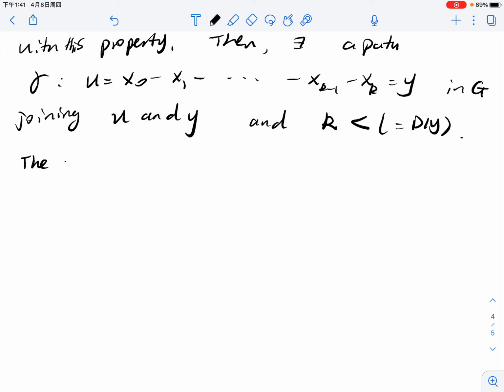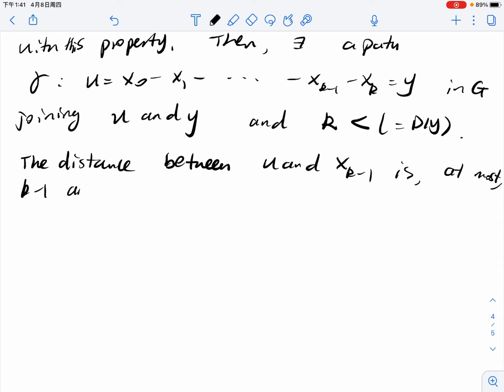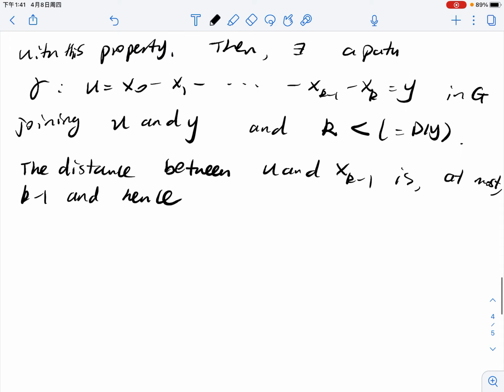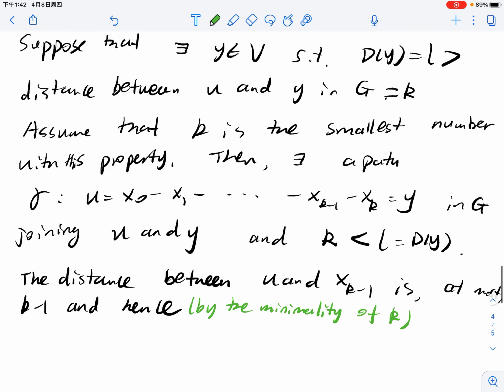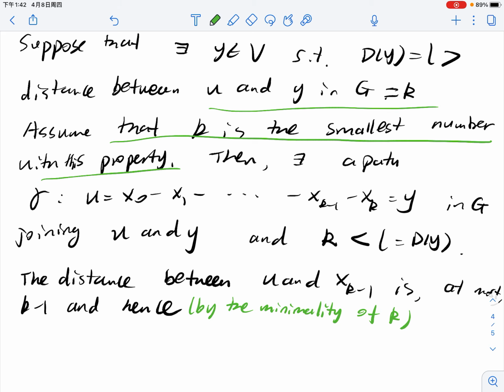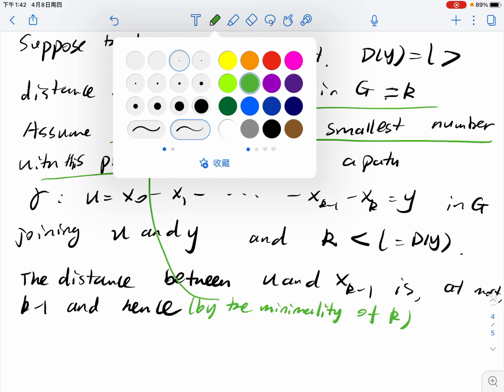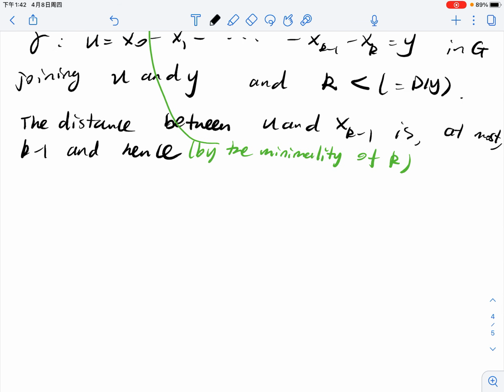And then the distance between u and x_{k-1} is at most k minus 1, and hence, by the minimality of k, dx_{k-1} is less than or equal to k minus 1.